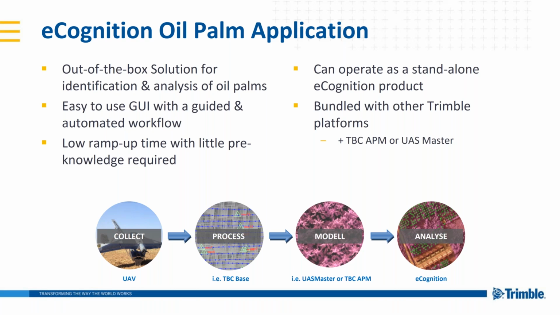These go hand in hand with a product like the oil palm application, because you collect data with a UAV, you need to do some type of processing of that data, generate those ortho photos, for example. That's where TBC APM and UAS master come into play. And then we jump right into eCognition to do the analysis part of the equation. So those products can be combined and complement each other quite well.